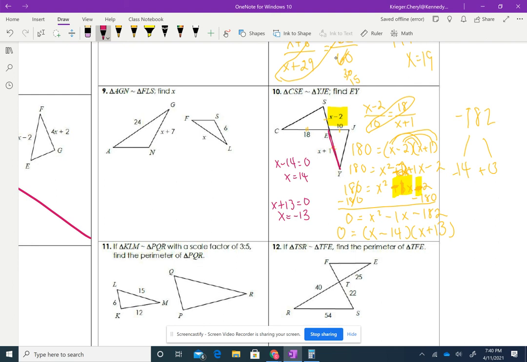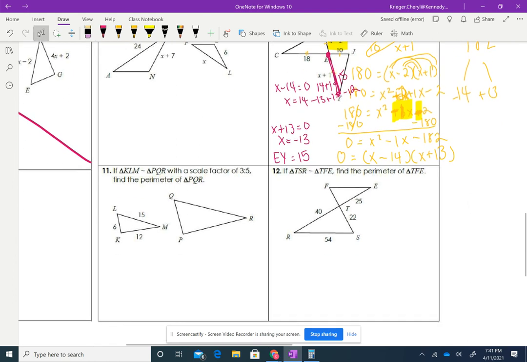So if x is 14, that's 14 plus 1, which is 15, right? And if it is negative 13 plus 1 equals negative 12. And then you have to ask yourself, does negative 12 make sense? No, because it's a distance, right? It's a segment. And you can't have a negative distance for a segment. So we're going to say EY equals 15.